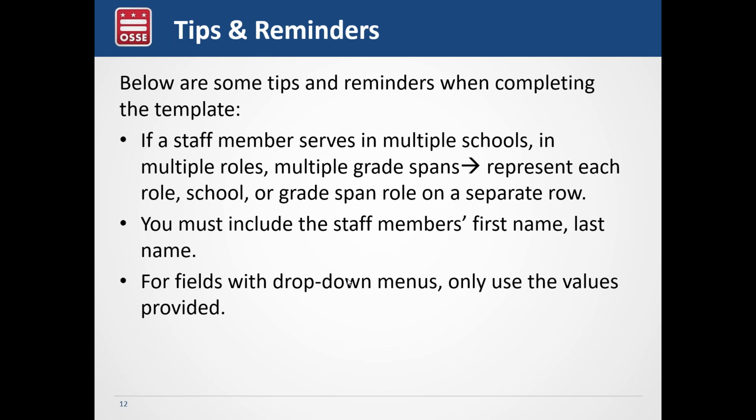And then you would identify the appropriate time that that individual also serves. So if they're part-time at one school and part-time at another school, or just a section of the time, we'll teach you later how to calculate that percentage of time.